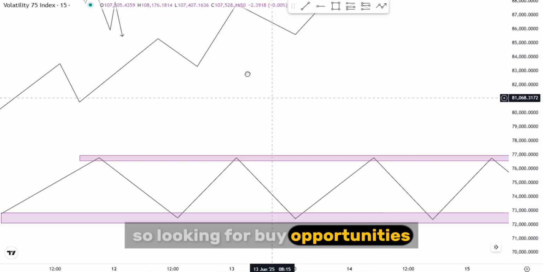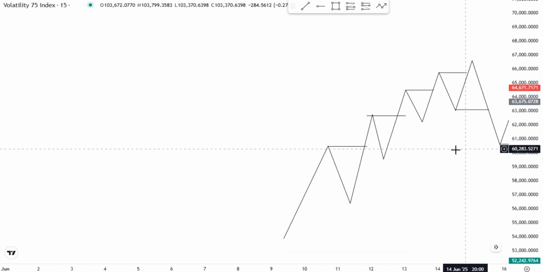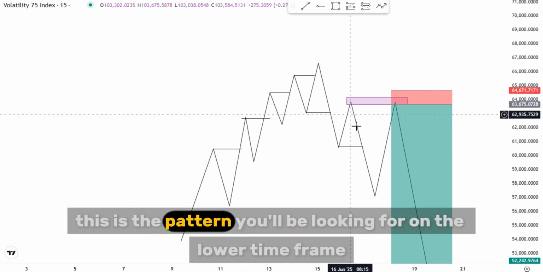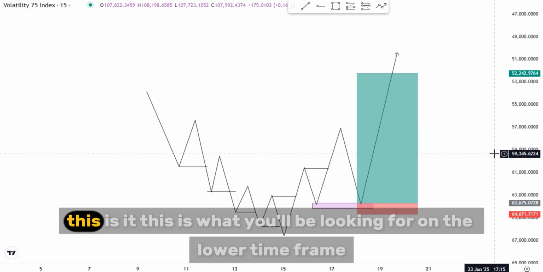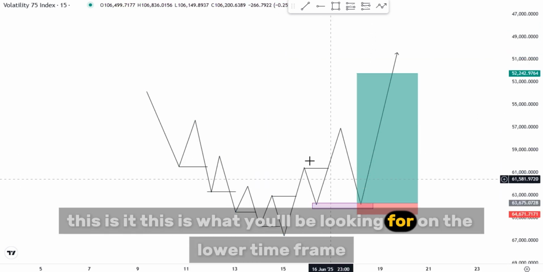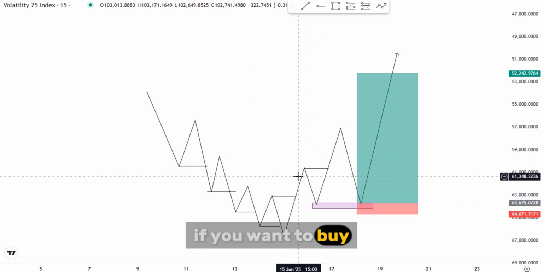So looking for buy opportunities, what you'll be looking for on the lower time frame is this pattern. This is what you'll be looking for on the lower time frame if you want to buy.